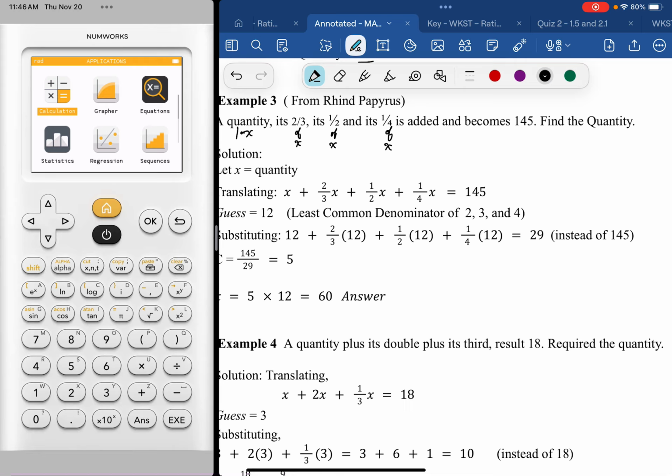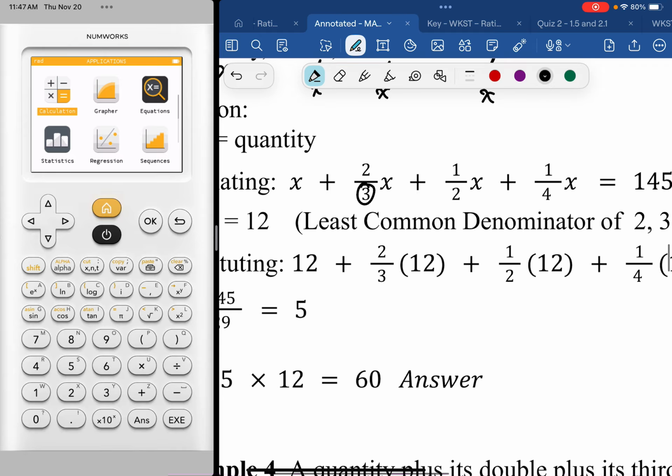The challenge here is to come up with that convenient value. And you can sort of reason it out, but it might not be the easiest thing in the world to come up with. If you want, you can just put it in a calculator and see what the LCD would be, the smallest number that could be divided by each of these denominators.